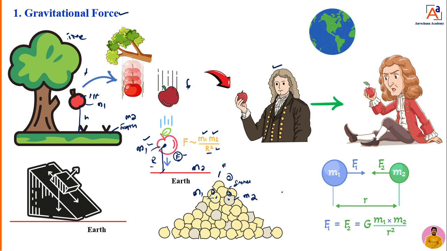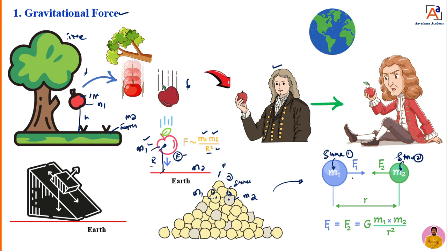The same thing I will draw as a sketch now. You can see the sketch here. You can mark stone 1 and stone 2. Stone 1 has mass m1, and stone 2 has mass m2. As I told, this was given by the great scientist Sir Isaac Newton.